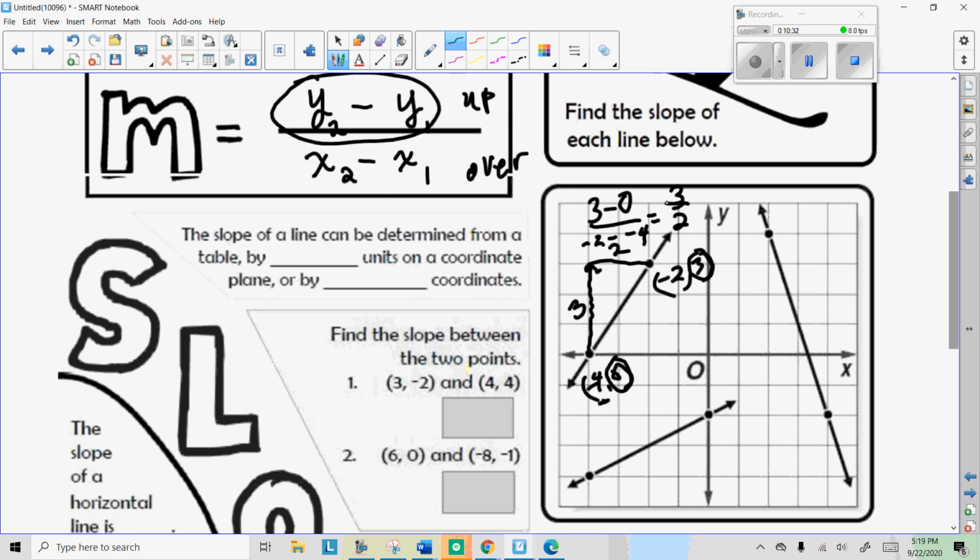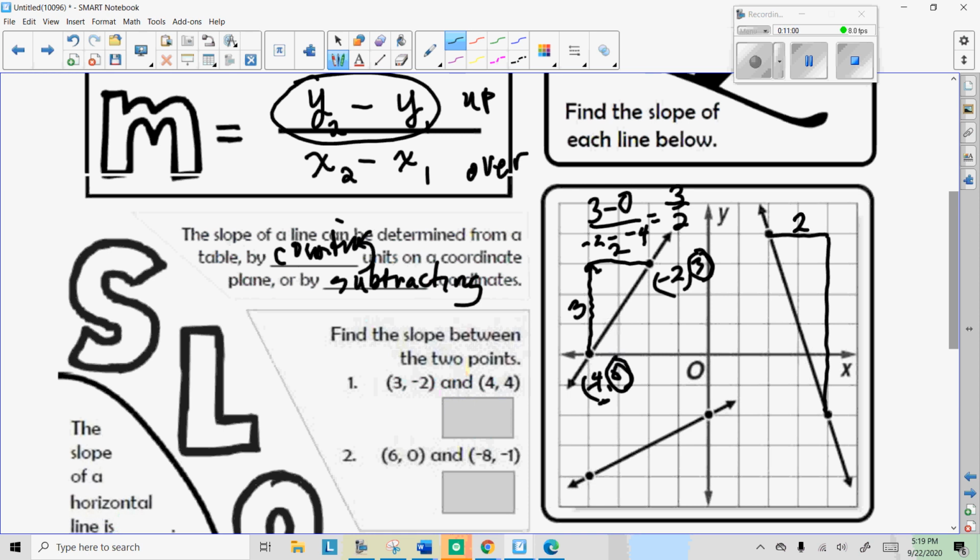So if you don't have a graph, or if the numbers are decimal or pretty big apart, then you can do that by subtracting the coordinates. Okay. The other way you can do it is just by counting the units on the coordinate plane. So real quickly, you could just draw this line, draw this line.